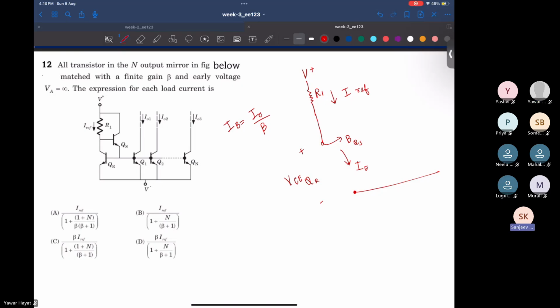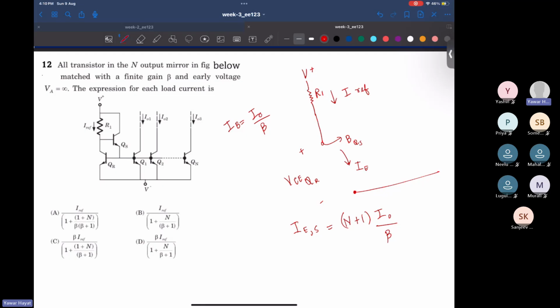There are your N output transistors, and you have a reference transistor as well, QR. So we'll have a total of how many base currents? We'll have N plus 1 base currents that must be supplied, right? So what I can write is IE that must be supplied would be equal to N plus 1 times what? Their base current, which is IO by beta.